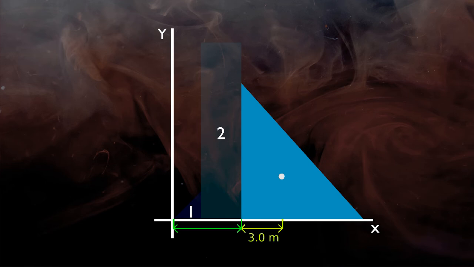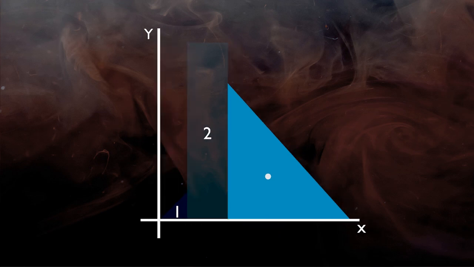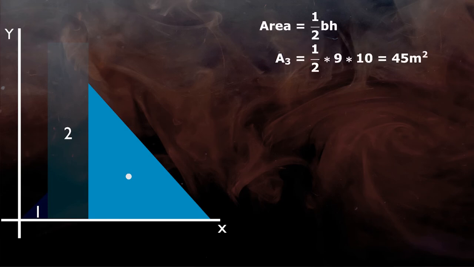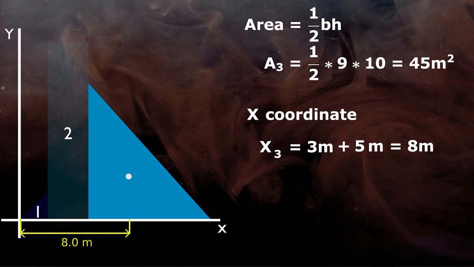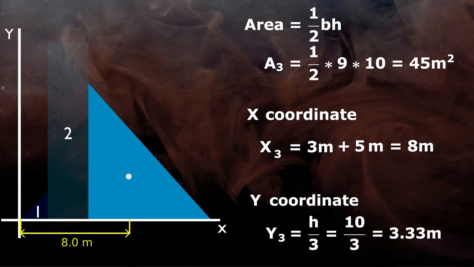This distance from the y-axis we can find by adding the widths of triangle 1 and the rectangle, which is 2 meter plus 3 meter equals 5 meter. Now again, the area is the same. Final x coordinate x3 will be 3 meter plus 5 meter equals 8 meter, and y coordinate y3 will be the same 3.33 meter as the x axis is touching the plane.